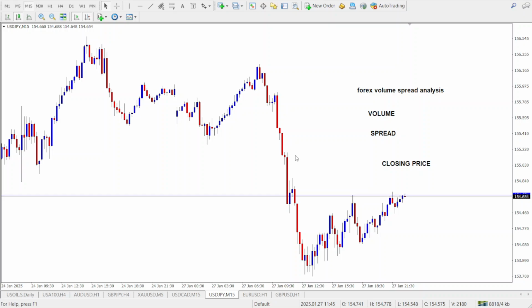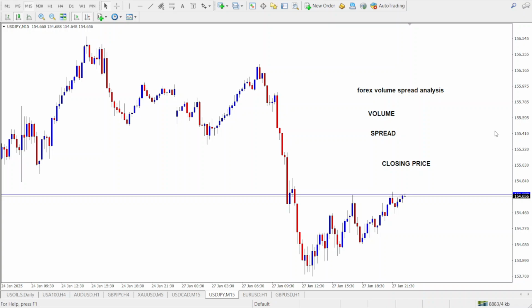A wide spread often signals strong market movement, while a narrow spread suggests indecision. Finally, the closing price is where the candlestick ends. The closing price relative to the range and volume gives you critical clues about market sentiment.